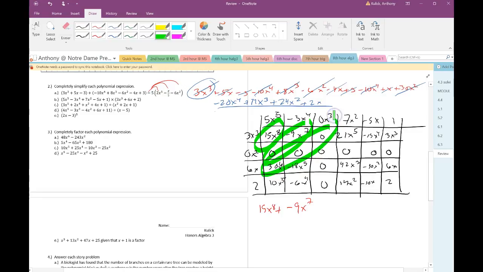And then I add up along that diagonal, and I get 30x to the 6th. And I kind of keep on going. And once I've combined those all together, I get 15x to the 8th, minus 9x to the 7th, plus 30x to the 6th, plus 13x to the 5th, minus 21x to the 4th, plus 45x to the 3rd, minus 16x squared, minus 4x plus 2.